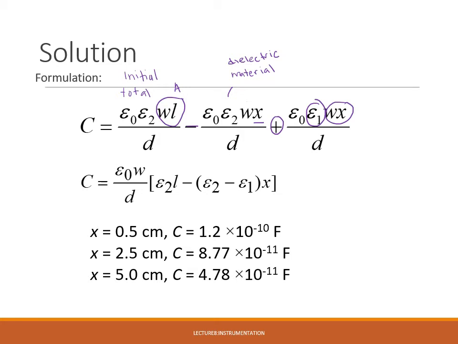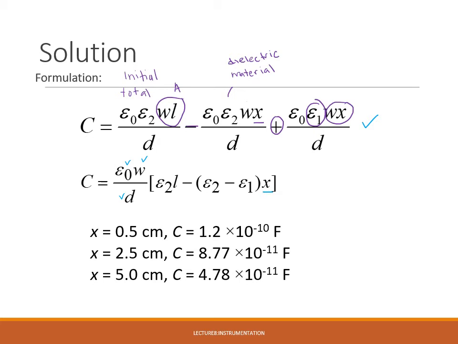If you manipulate the first equation here, you eventually get the second equation, where epsilon naught is constant, the width is constant, the distance is constant. The only variable that changes is the displacement x.